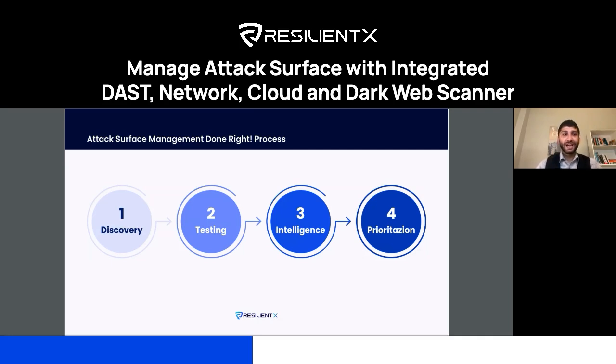And then, of course, having all this information, we need to prioritize, because it's impossible otherwise. I talked recently with one of the biggest aerospace companies, and there were three units of 12 people responsible for vulnerability management.